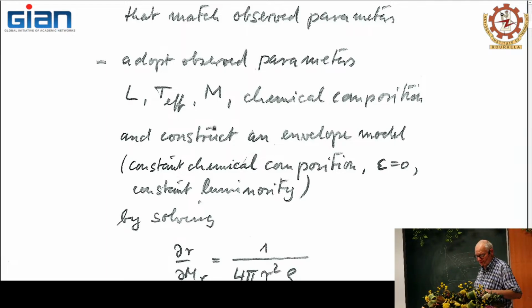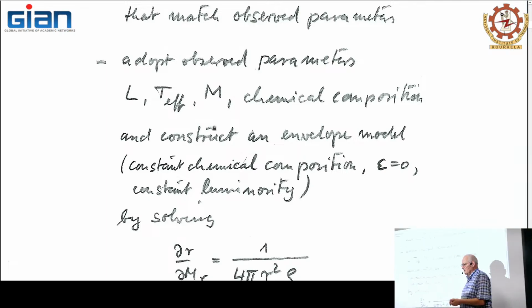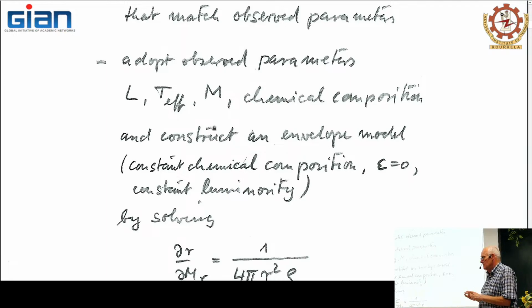If we do that, then we can construct an envelope model. An envelope model is obtained by integrating not the full system of equations, but the system of mass conservation, of hydrostatic equilibrium, and of energy transport.